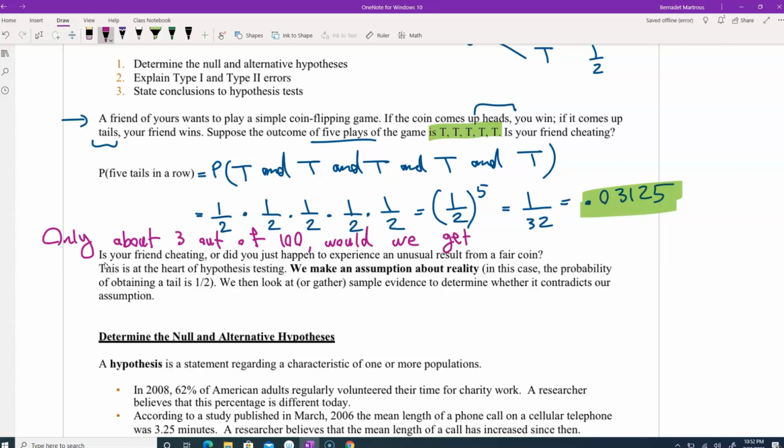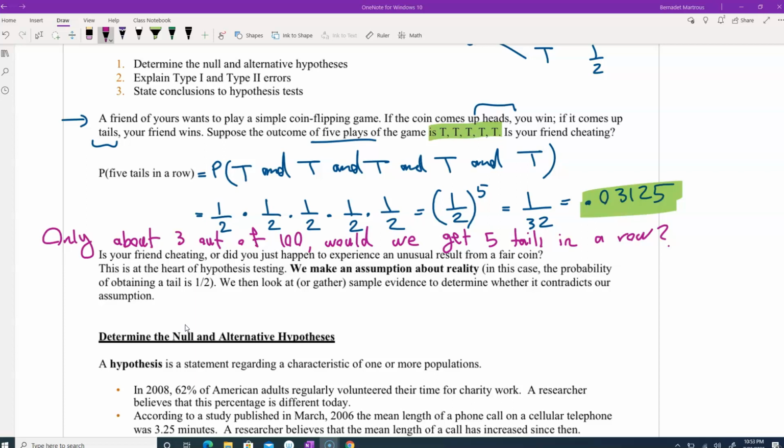So the question is, will we get 5 tails in a row? Is your friend cheating, or did you just happen to experience an unusual result from a fair coin?